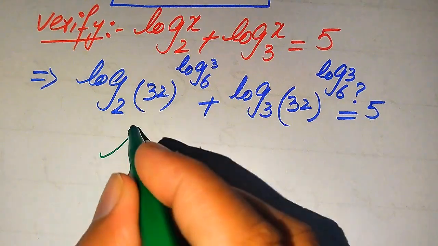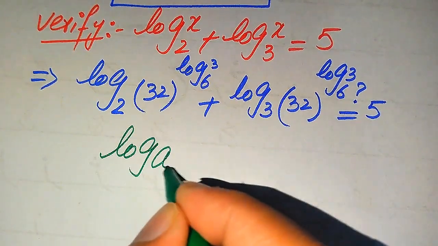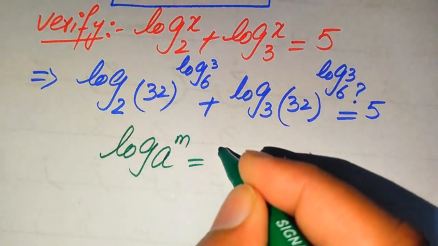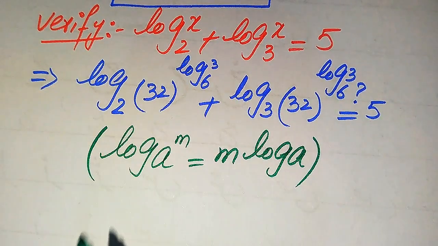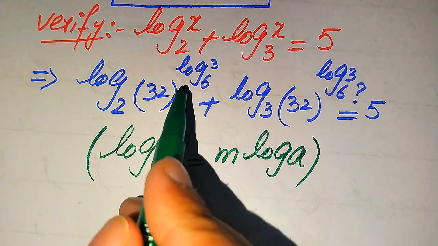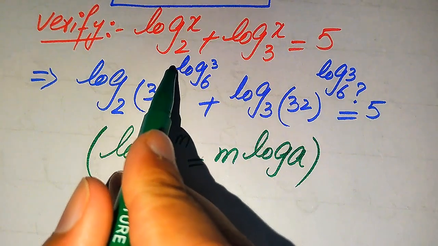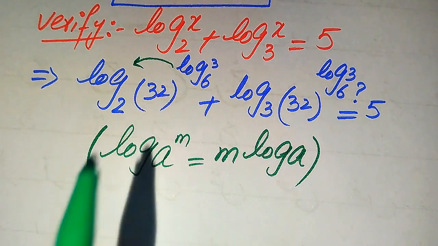if we have log of a to the power of m, it is equal to m times log a. So according to this property of log, here we move this exponent in front of this log.